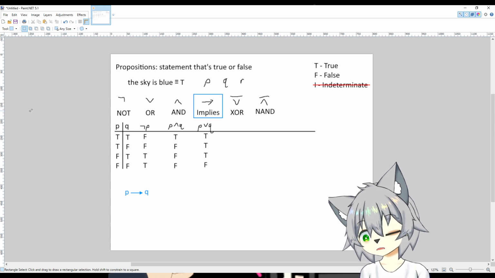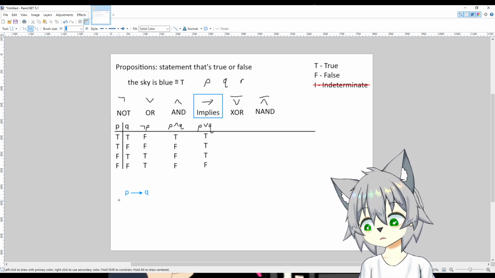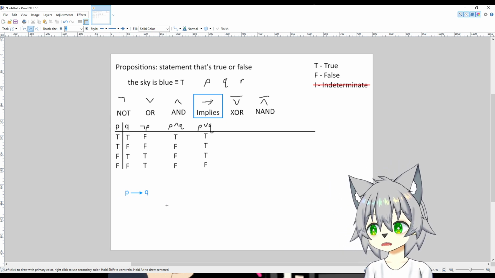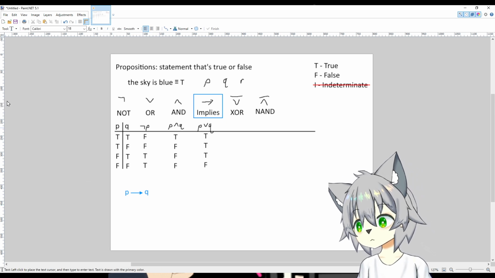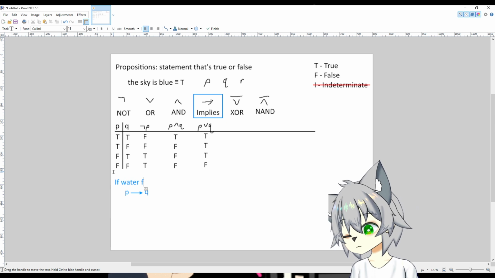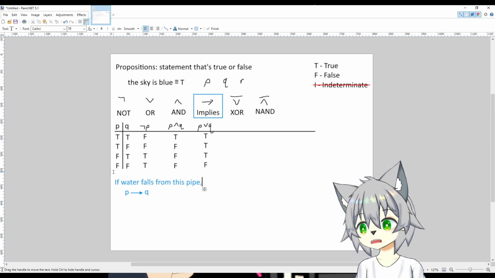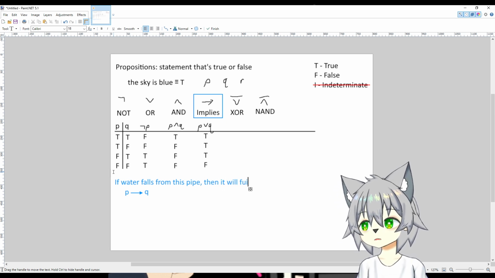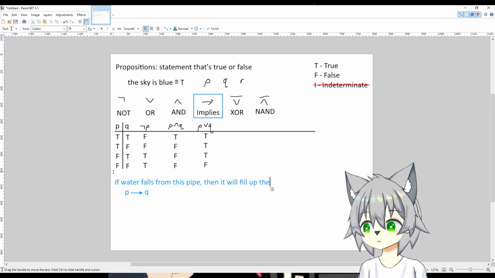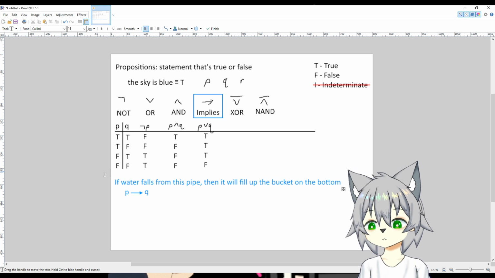That's the natural way to say how to express these types of implied statements. Like what I came up with before. Let's go ahead and write that down, actually. If water falls from this pipe, then it will fill up the bucket on the bottom.